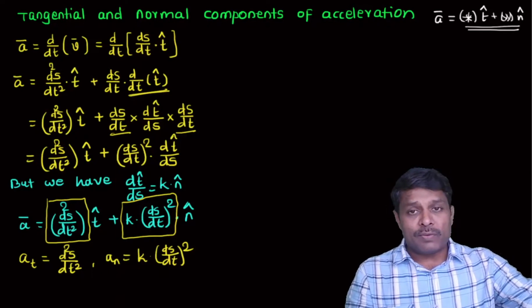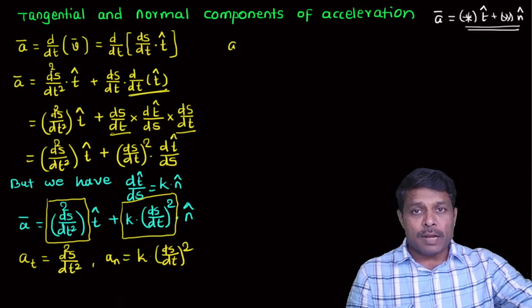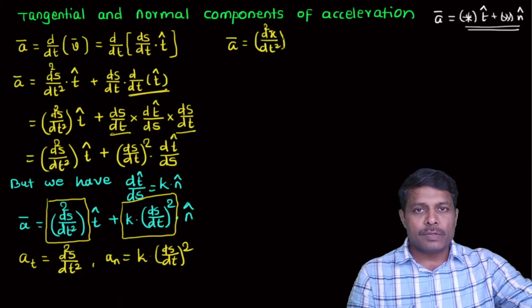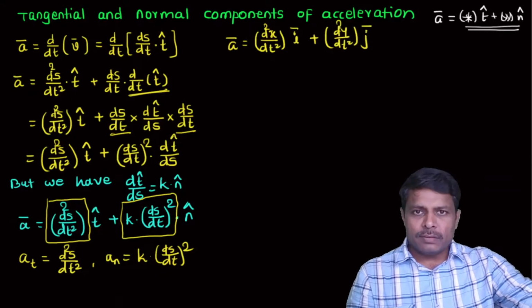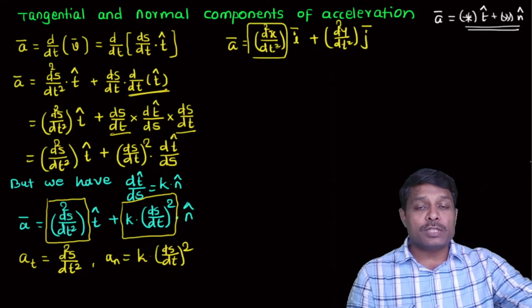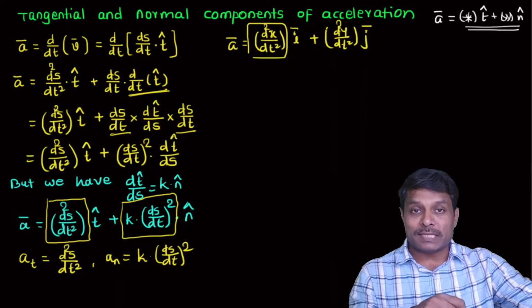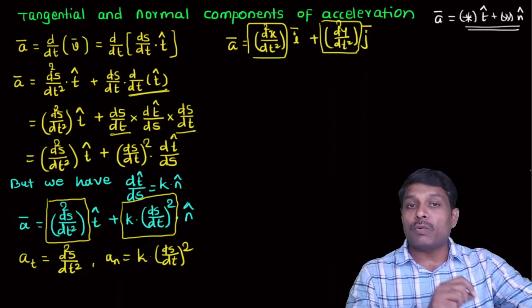If you have written a bar as d2x by dt square i bar plus d2y by dt square j bar, then this is the component of acceleration along the x-axis and this is the component along the y-axis.